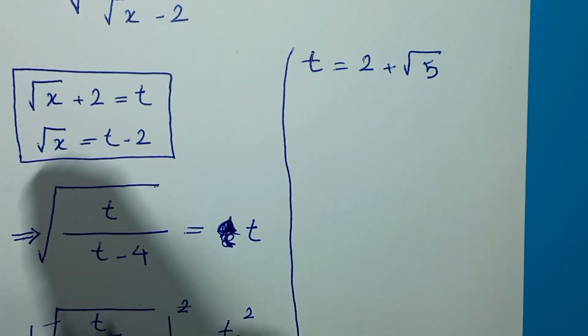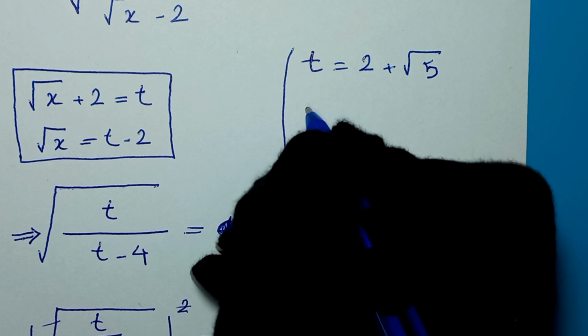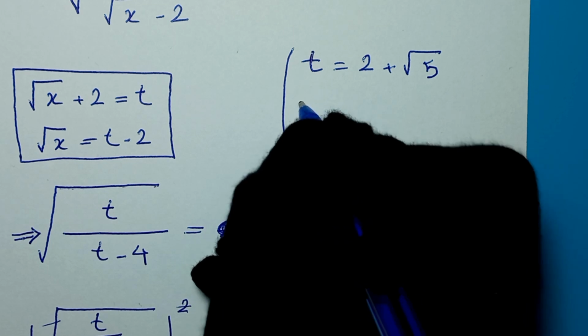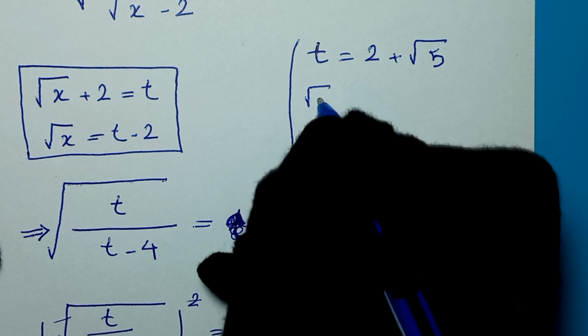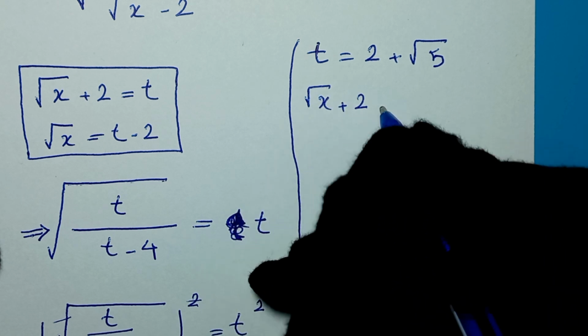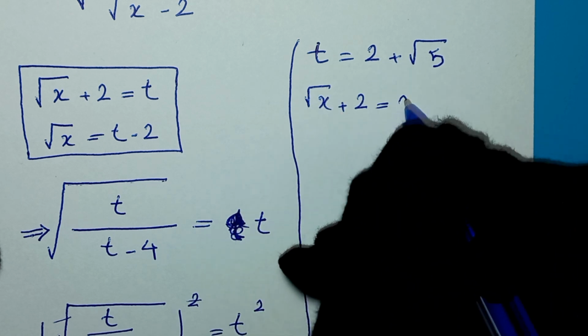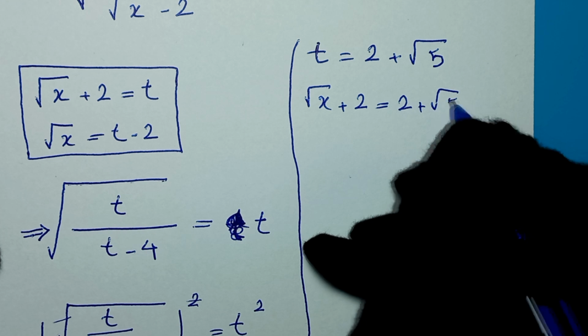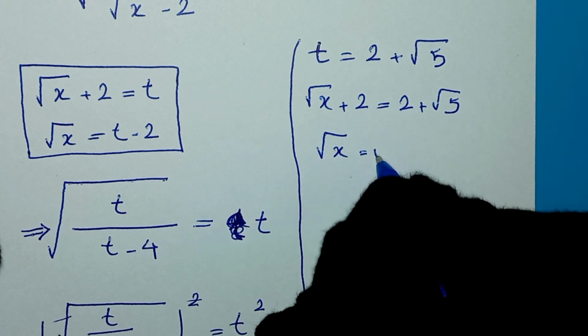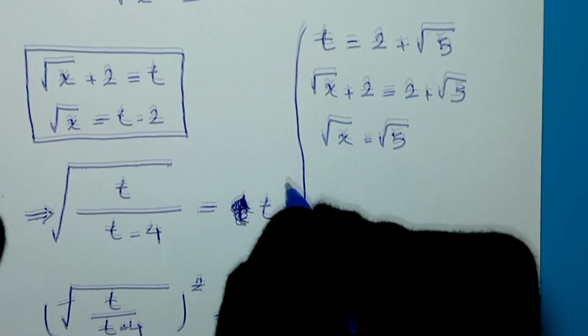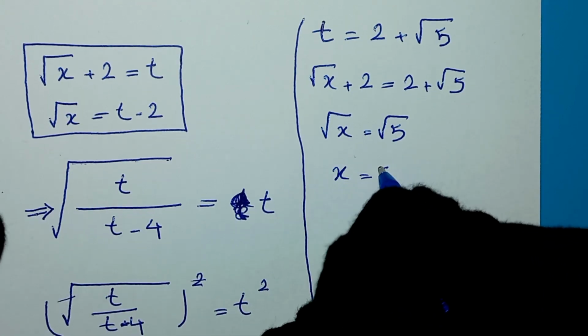Okay, we find x for this. So t is square root of x plus 2. Square root of x plus 2 is equal to 2 plus square root of 5. And in here, square root of x is equal to square root of 5, and x is equal to 5.